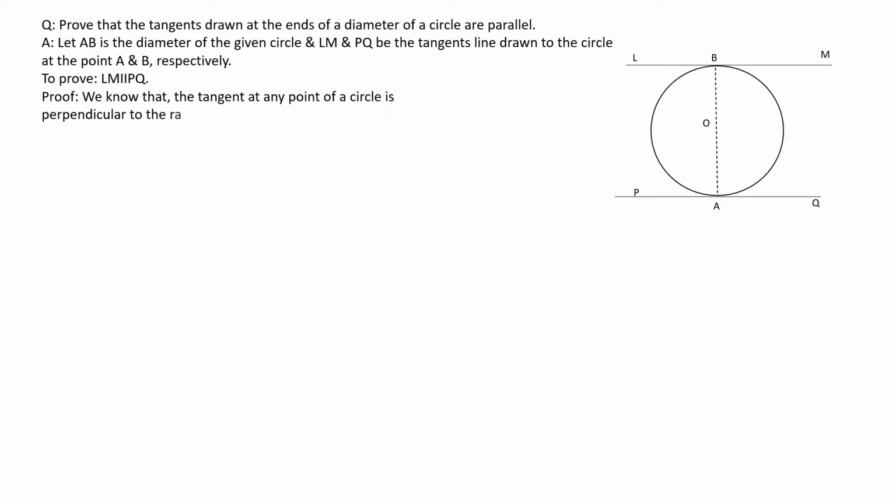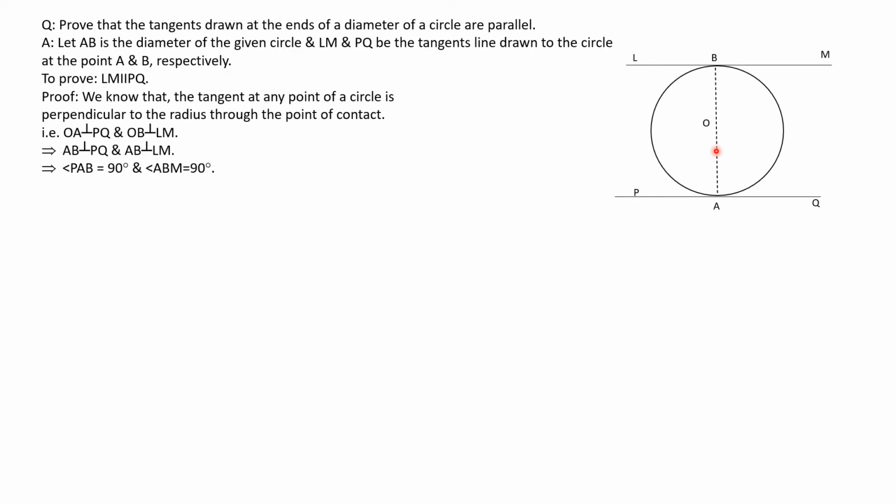Proof: we know that the tangent at a point of a circle is perpendicular to the radius at the point of contact. That means OA is perpendicular to PQ and OB is perpendicular to LM. Since OA and OB are two parts of the same diameter, we can write AB is perpendicular to PQ and AB is perpendicular to LM.